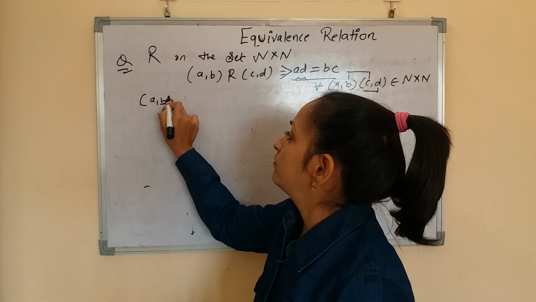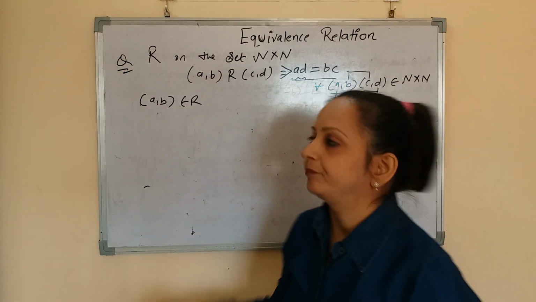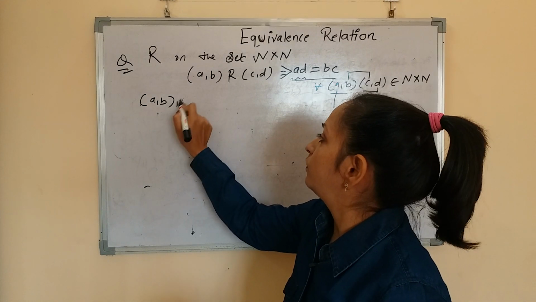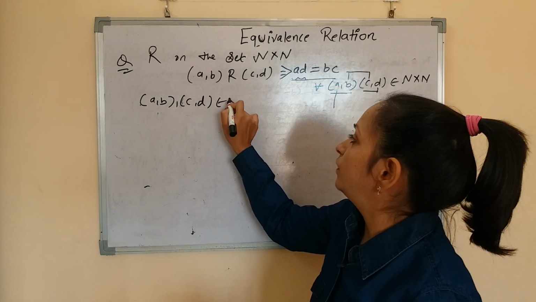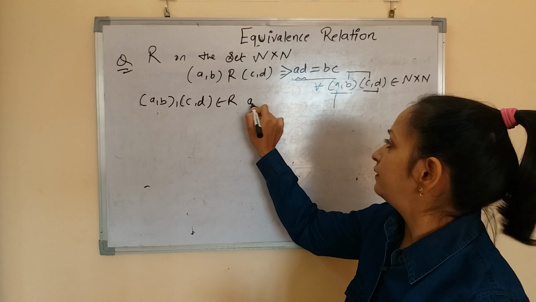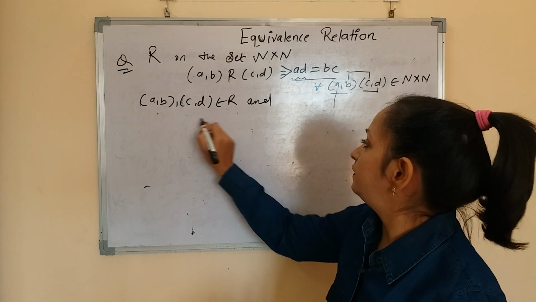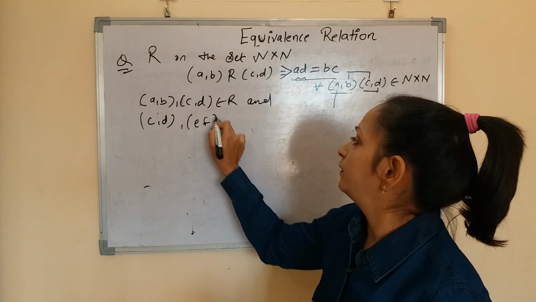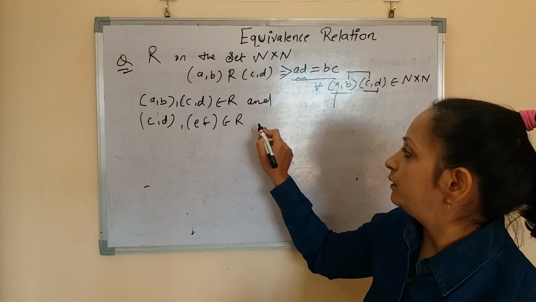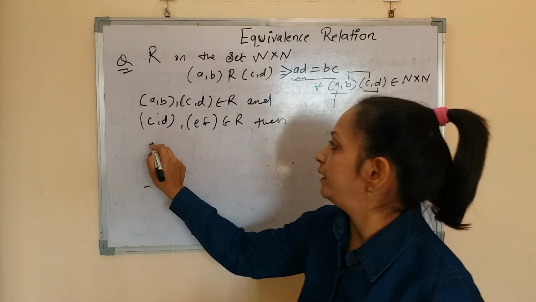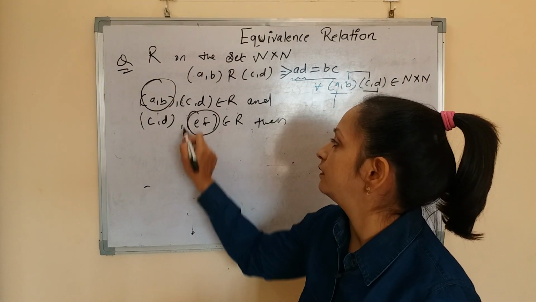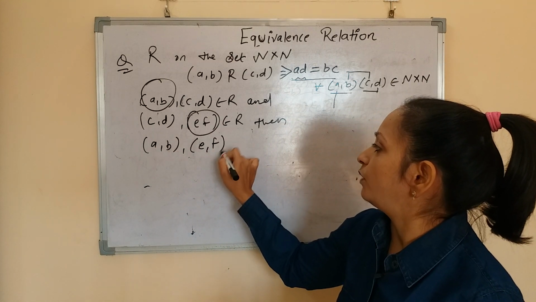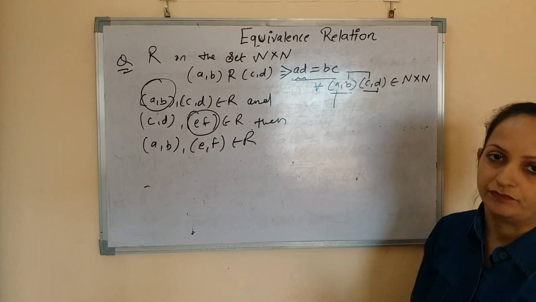So the condition will be: if (A,B), (C,D) belongs to R and (C,D), (E,F) belongs to R, then we have to prove if (A,B), (E,F) belongs to R or not. We have to check this.